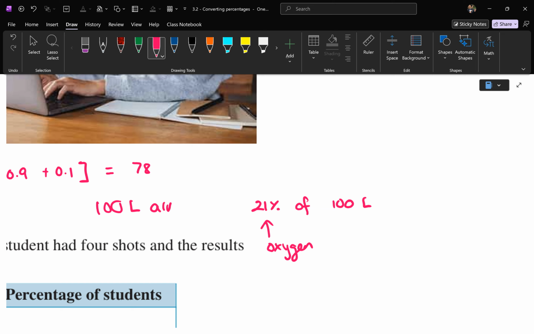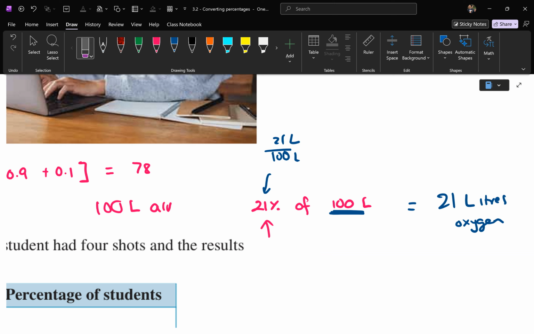What's nice about this is that it's already out of 100. Okay, and this is saying, well, for every 100, 21 is oxygen. So that means out of 100 liters, 21 liters must be oxygen. There was no calculations you actually had to do.